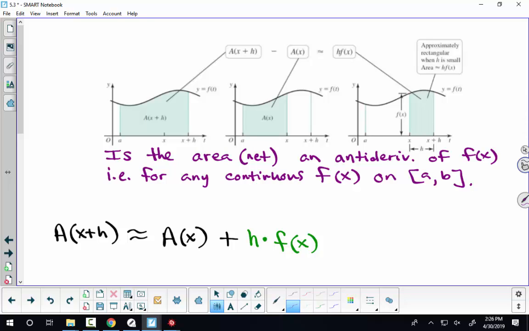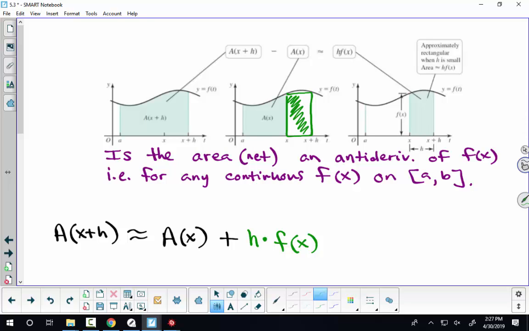If I break that area into pieces, A of x, the area all the way up to x, and the area of this rectangle from x to x plus h, the accumulated area from the starting point to x plus h is approximately A of x plus the area of this rectangle.